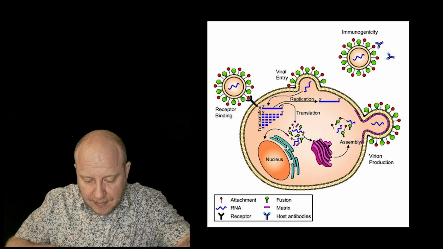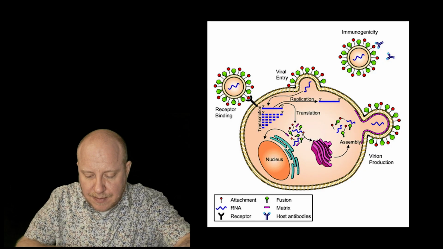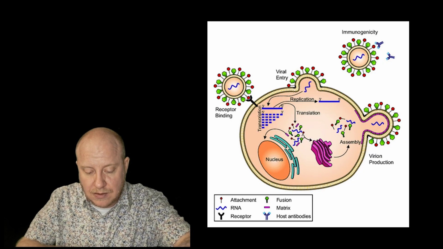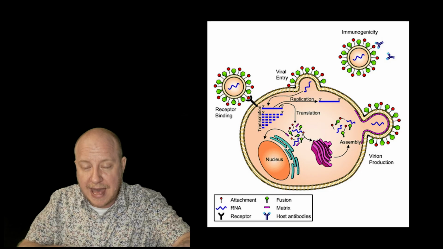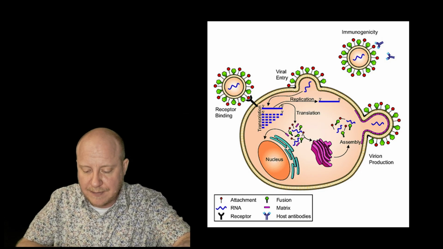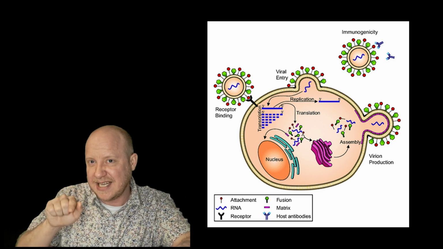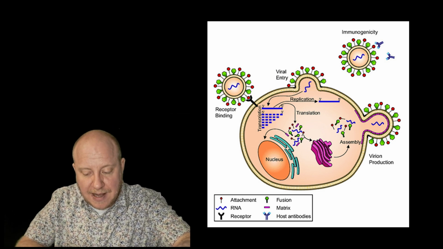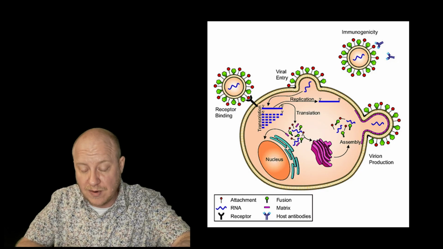Many viruses attach to the plasma membrane of a body cell. So now we're talking about the pathogen attaching. The DNA or RNA of the virus is then injected into the cell. This cell then becomes a cellular factory to make more viruses.